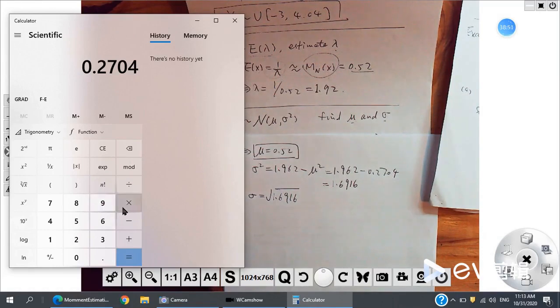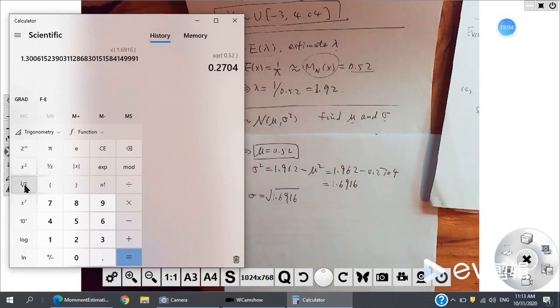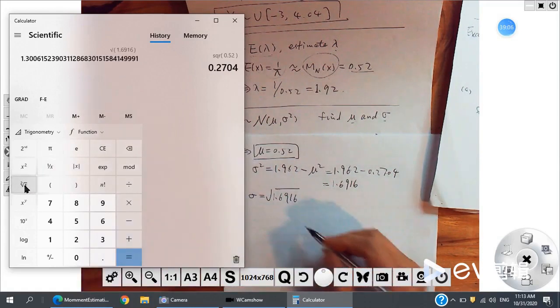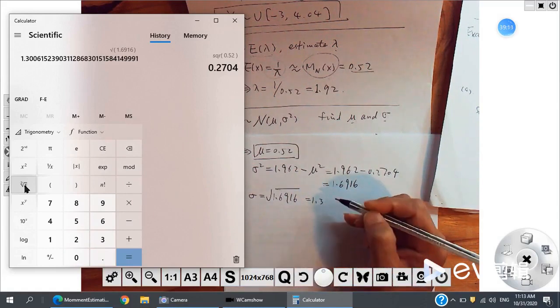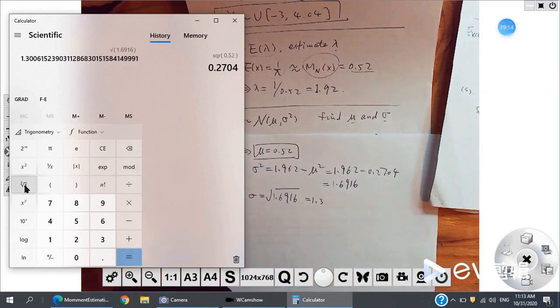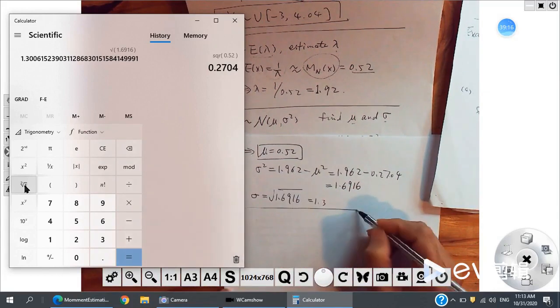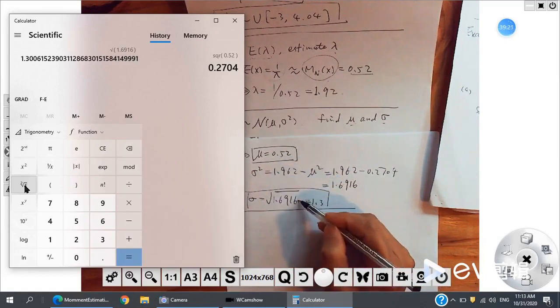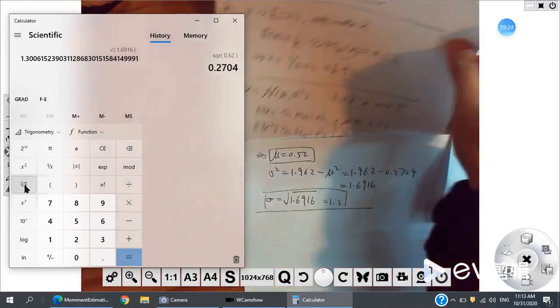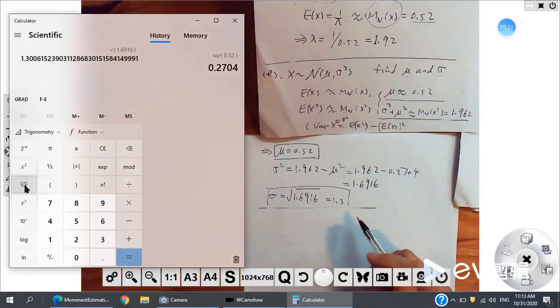The square root is 1.3, just 1.3, with some small decimals after. So we have our estimation here: mu is this one, sigma is this one. Okay, this is for problem E.